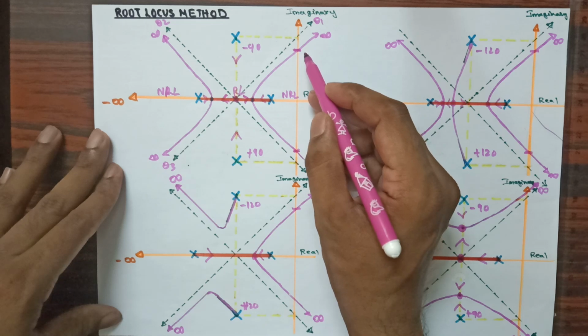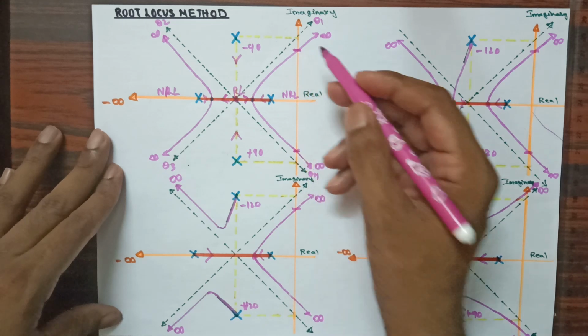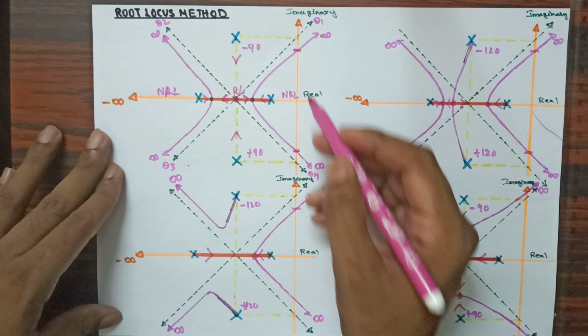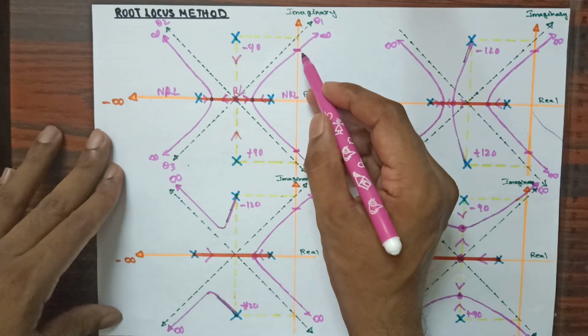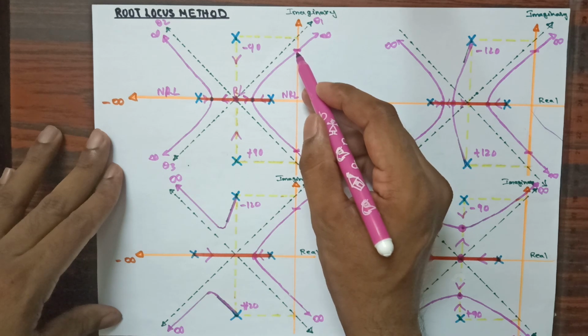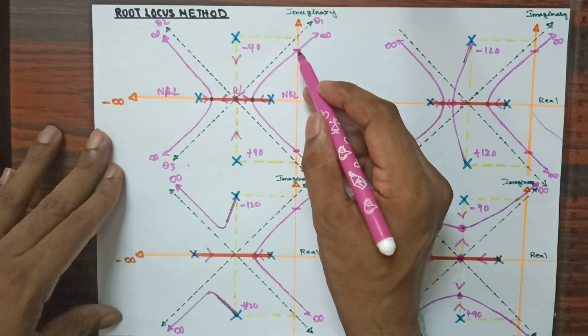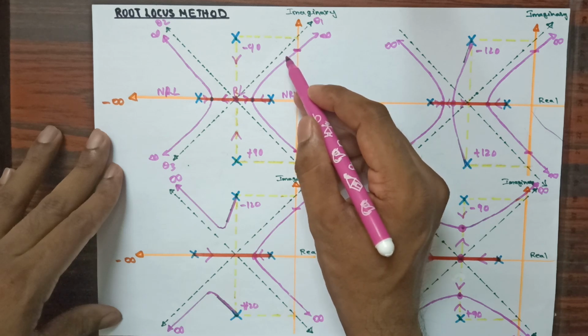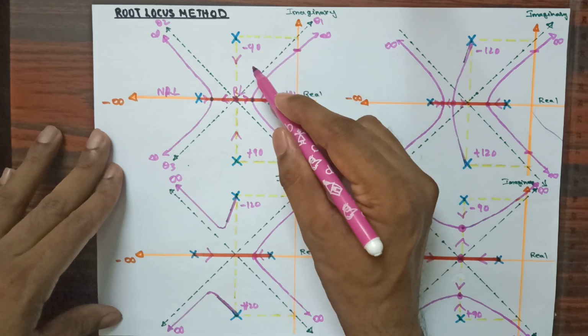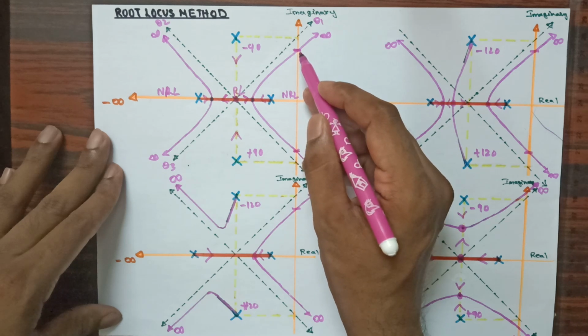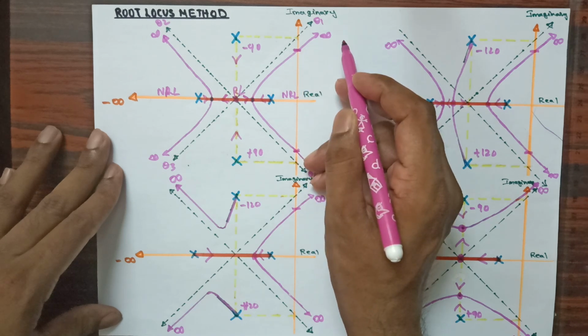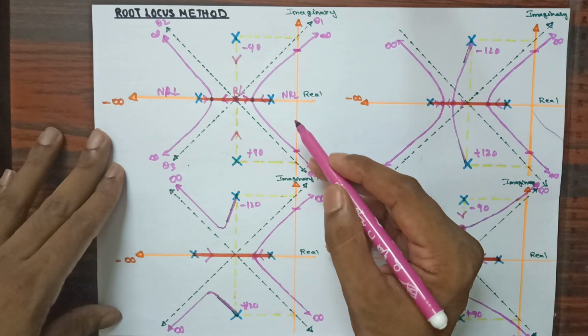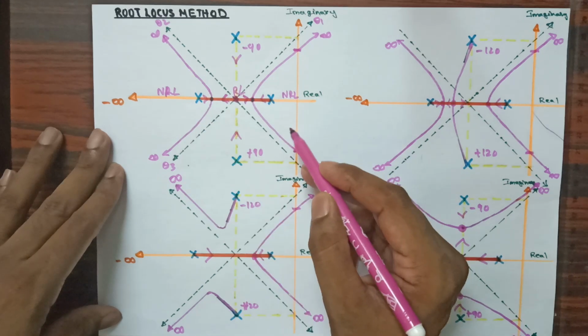Here we are going to consider that plus j omega value and minus j omega value, which we got for some k marginal value, and for that k marginal value the system is marginally stable, for k less than that constant value the system will be stable, and for k greater than that value the system will become unstable. In this way we are going to comment on the stability of the system by this root locus method.